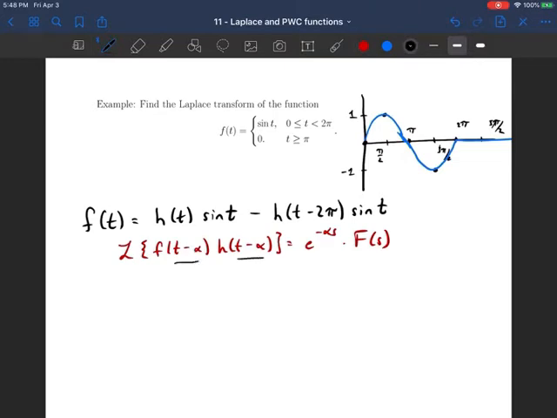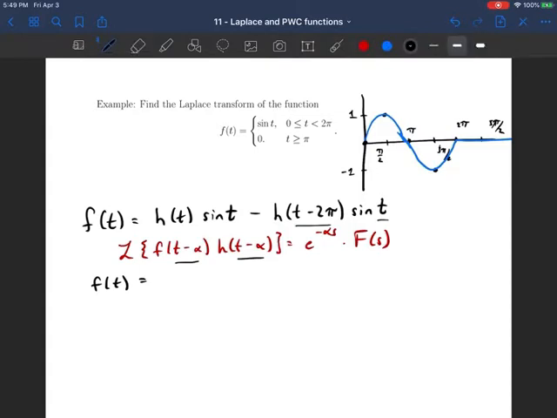Now, one thing that's nice to note here is that we can do a little bit of cleanup. We want to see these things matching, t minus alpha, t minus alpha. Here we have t minus 2 pi. It would be nice if we had sine of t minus 2 pi. But since sine is 2 pi periodic, we can just change it to sine of t minus 2 pi.